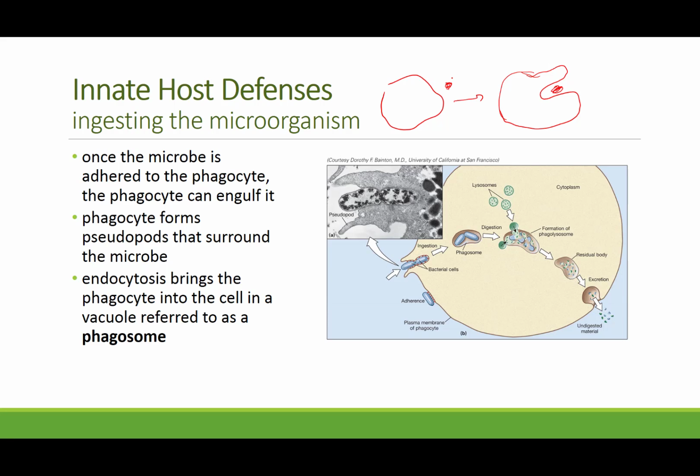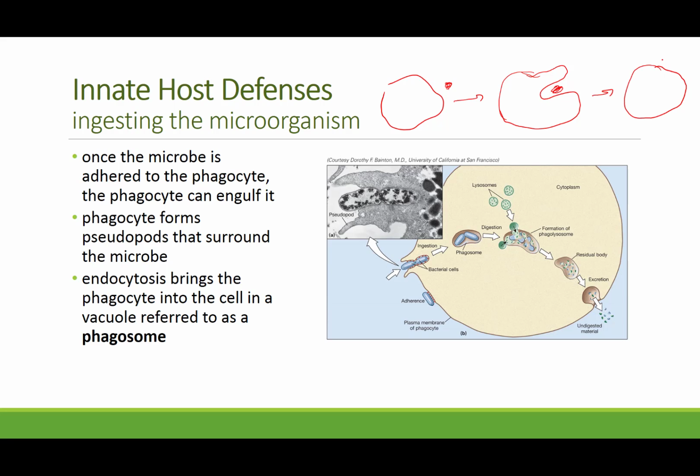So here's the material here, and now it has streamed around it. We call that process of white blood cells being able to move this way cytoplasmic streaming. And so it can stream around the pathogen, surround it, and then bring it into the cell in the form of a vacuole.